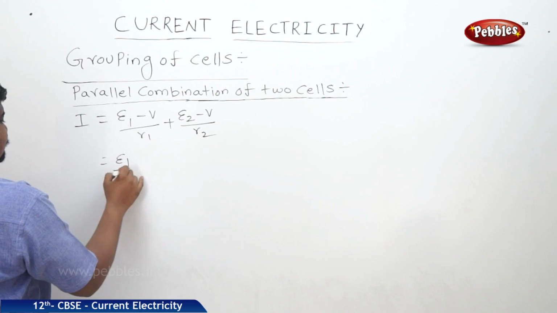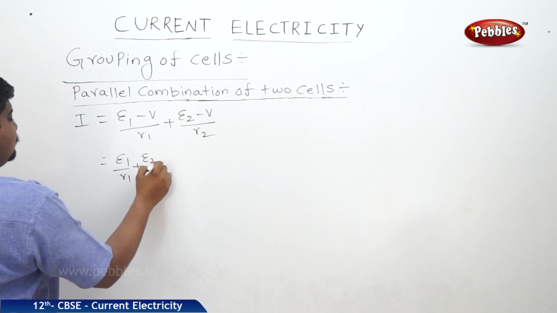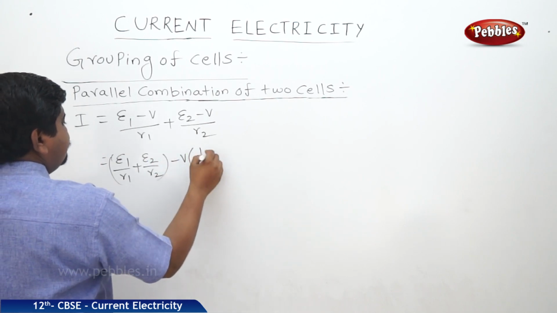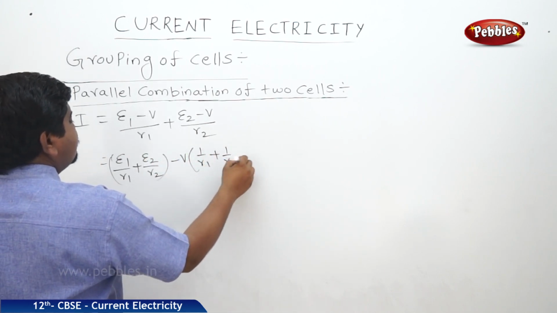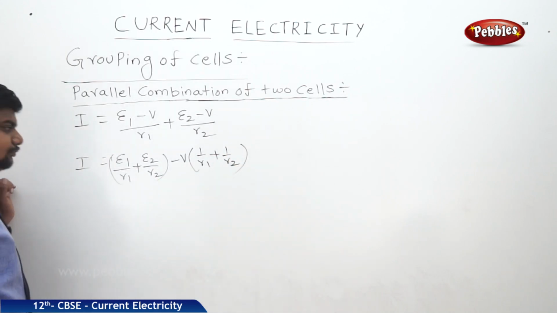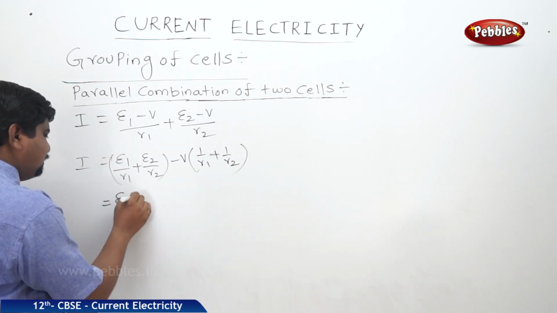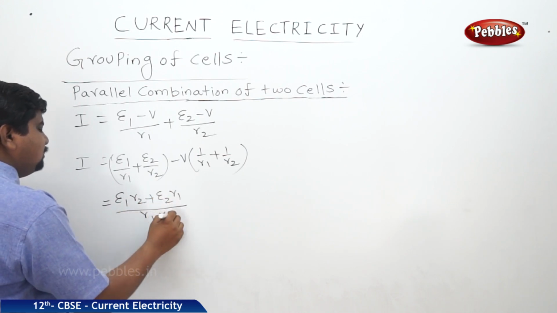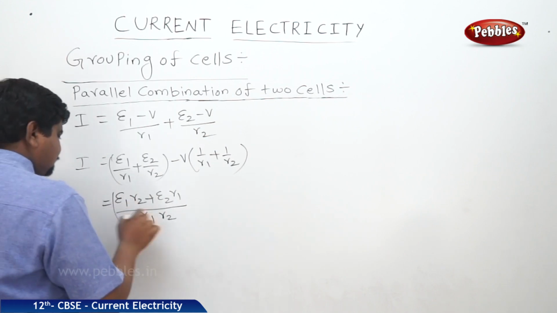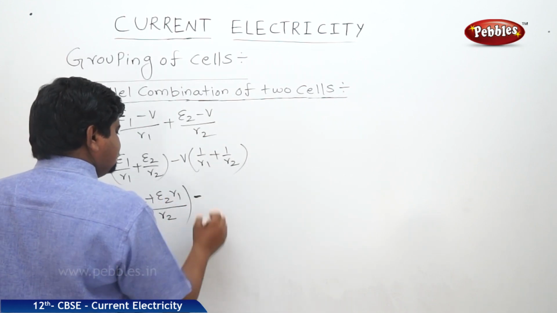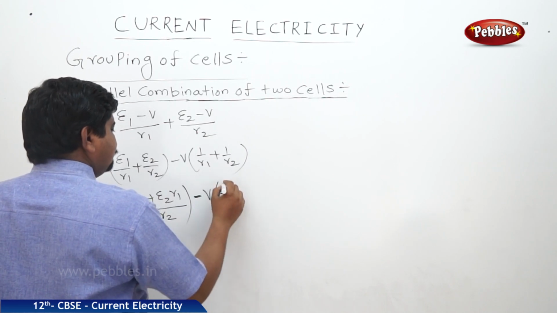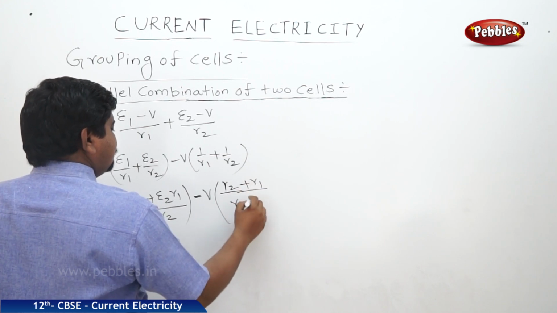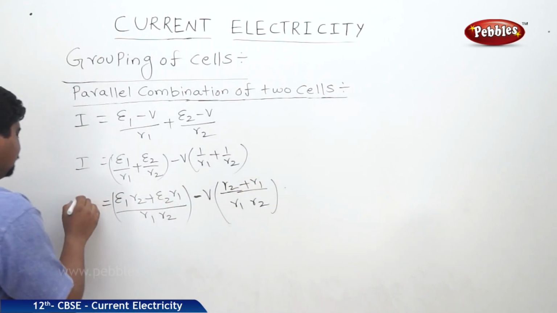This expression is E1 by R1 plus E2 by R2 minus V of 1 by R1 plus 1 by R2 is equal to I. This expression gives E1 R2 plus E2 R1 whole divided by R1 R2, minus V into R2 plus R1 by R1 R2 is equal to I.